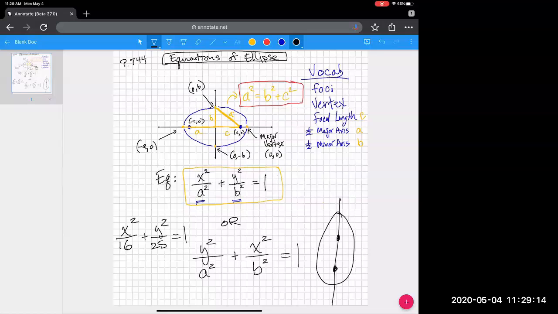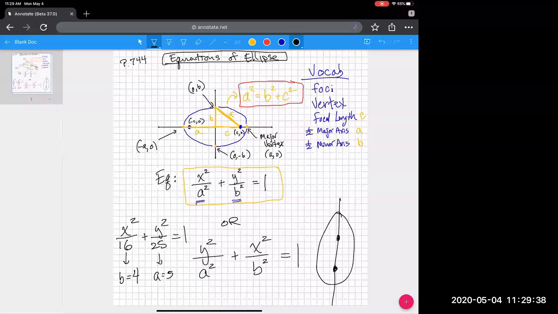And that means that that's the a squared value, so that a is equal to 5 and b is equal to 4. And that means that the ellipse is an oval that's sort of up and down instead of side to side. It's 10 from top to bottom and only 8 from side to side, left to right, as an example.